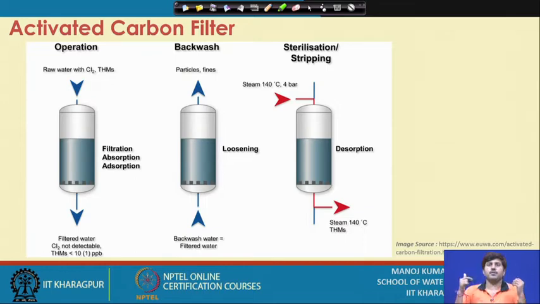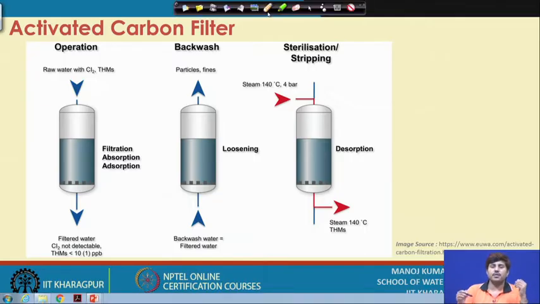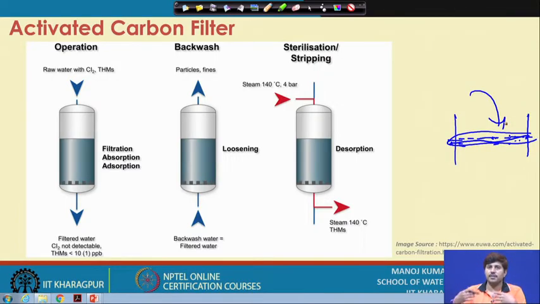Backwash is a process needed because, as we were discussing, in the adsorption process the contaminant gets adsorbed onto the surface. If you keep on passing the contaminant, there will be a time when the capacity of the adsorbent to adsorb these contaminants is exhausted, and thereafter if you pass water through this, there will not be any adsorption.